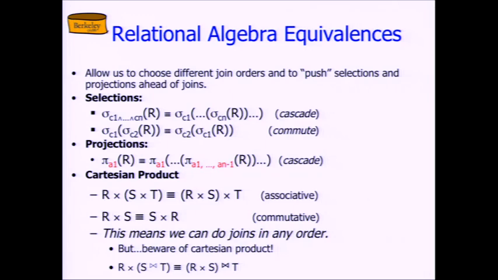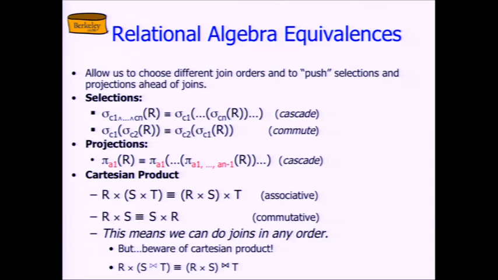R cross S cross T. The left-hand side of that equivalence is equivalent to R cross S, cross T. The thing on the right is what we call the left deep tree. The thing on the left is actually a right deep tree. We're only going to look at left deep trees.